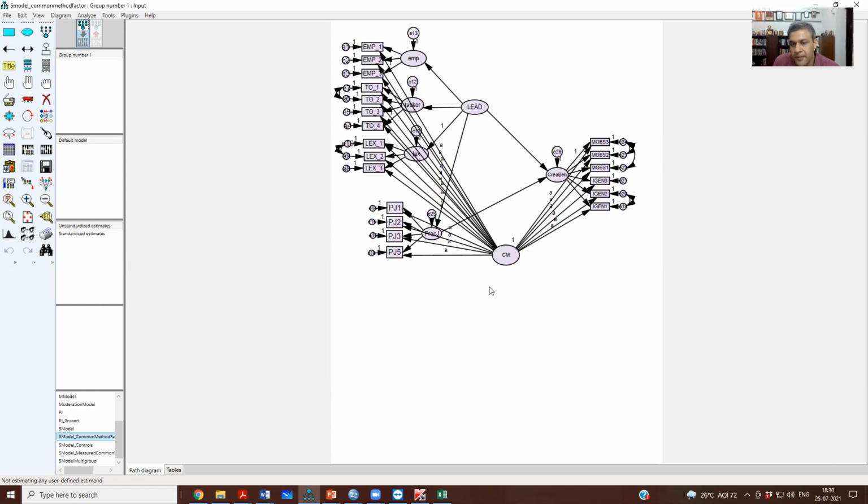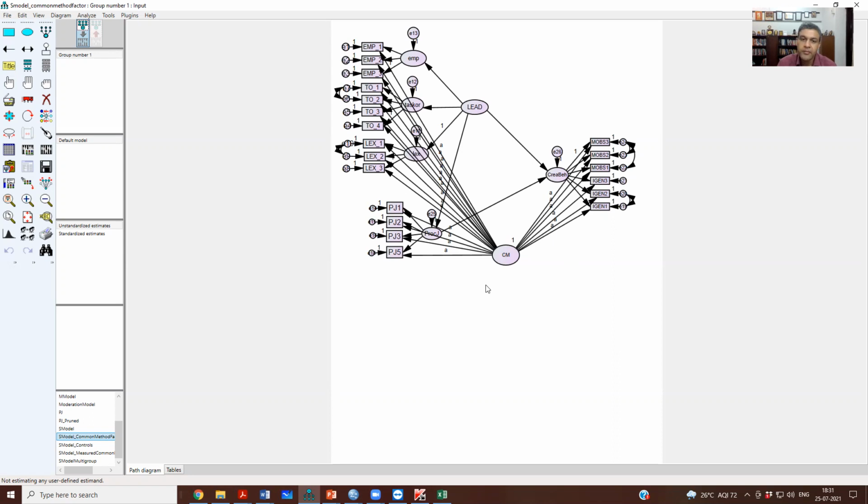And sir, a very basic question. When we are saying it occurs when there is a common source, which common source are we talking about? You are the common source. The respondent is the common source, right? The person responding to the items is the common source.